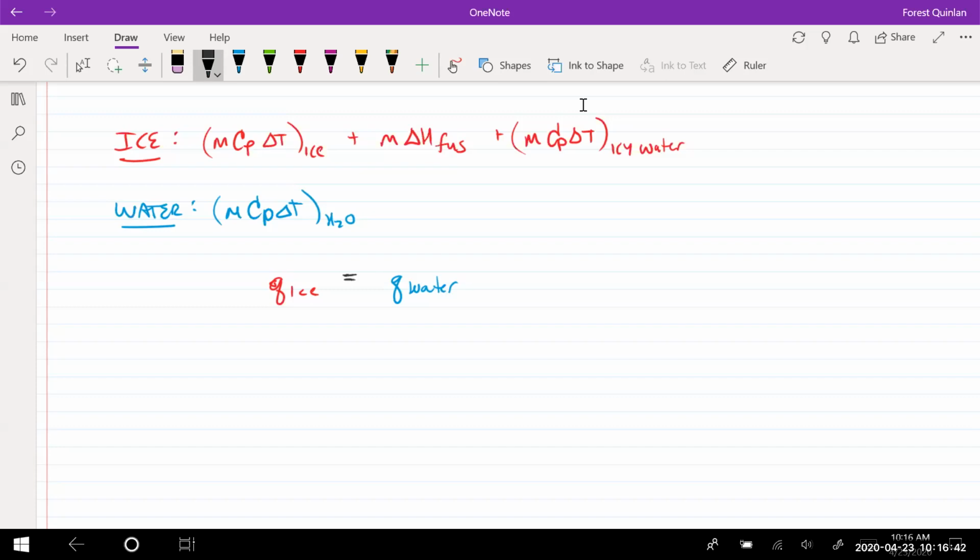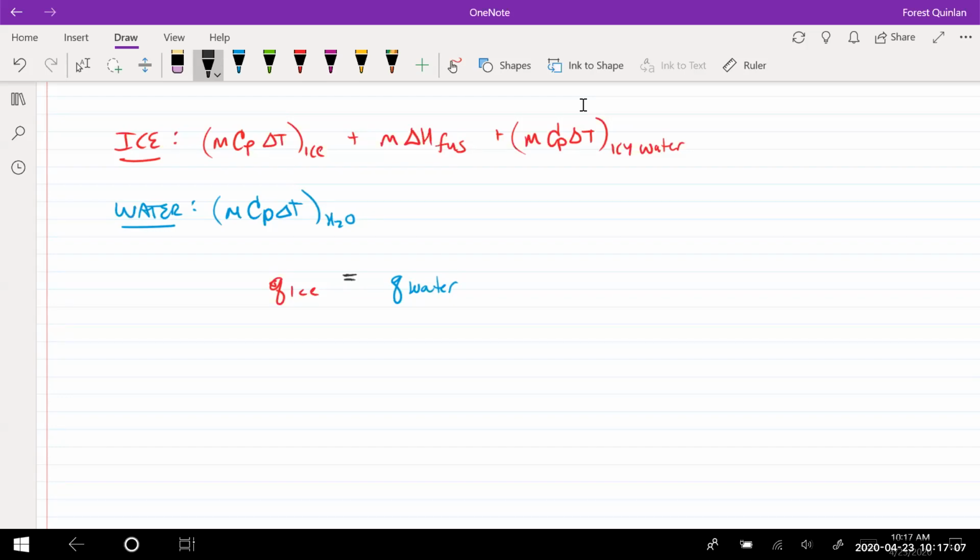If we remember, ice is positive. The ice is going to be losing energy. Isn't that ice gaining energy?